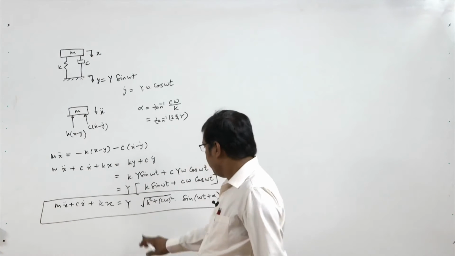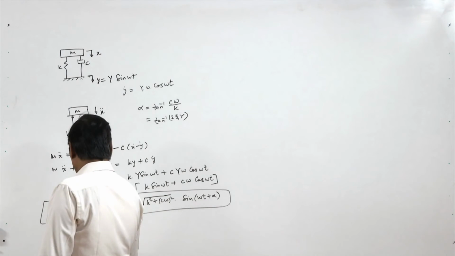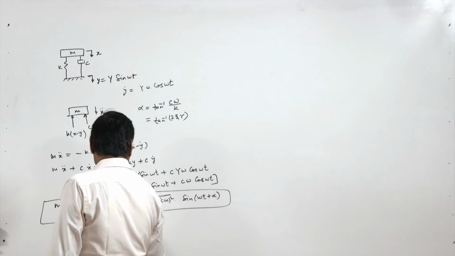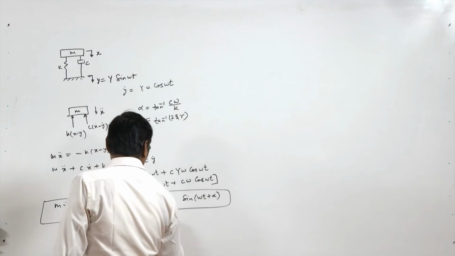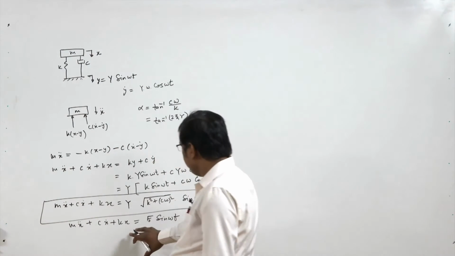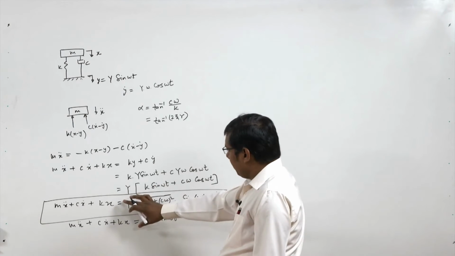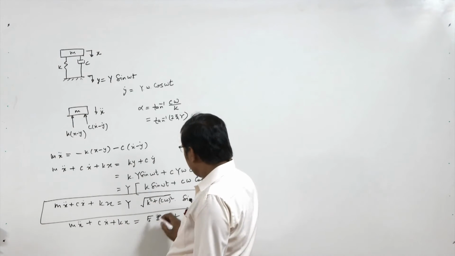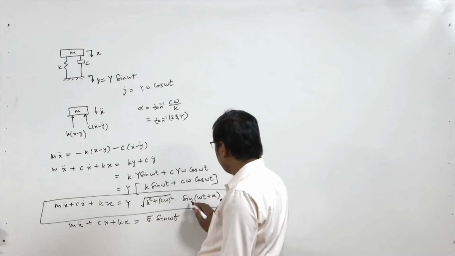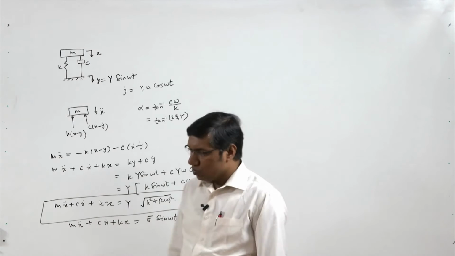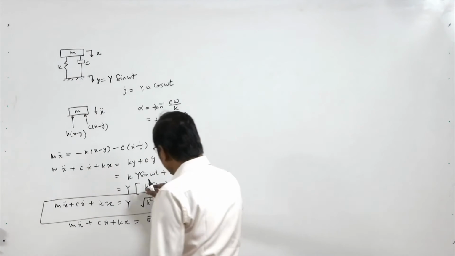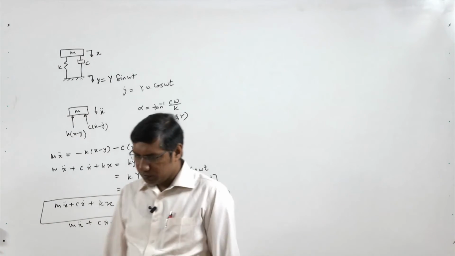So now we have this system, and if we compare it with another system, m x double dot plus c x dot plus k x equal to F0 sin omega t, we see that this F0 is equivalent to this term, that is the amplitude, and this is the harmonic motion. So there is some harmonic force equivalent to this term that is applied to this system.